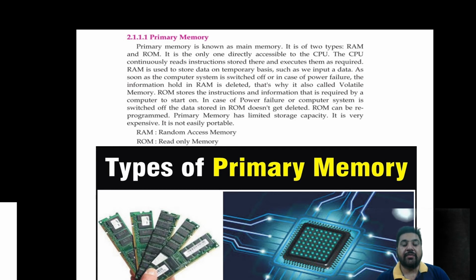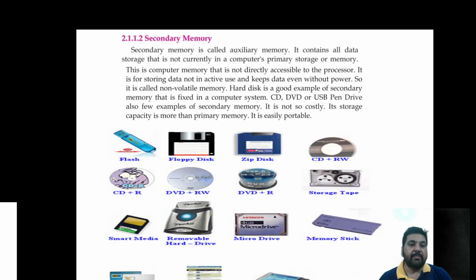In case of power failure or when the computer system is switched off, the data stored in ROM does not get deleted. ROM can be reprogrammed. Primary memory has limited storage capacity. It is very expensive. It is not easily portable. The full form of RAM is random access memory. ROM is read only memory.